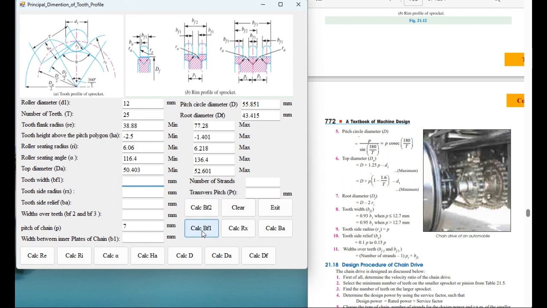Let's calculate BF1. BF1 becomes 0.93 B1 when P is less than or equal to 12.7 millimeter, and BF1 equals 0.95 B1 when P is greater than 12.7. Here we have entered the value of P as 7, then the formula must be 0.93 times B1.